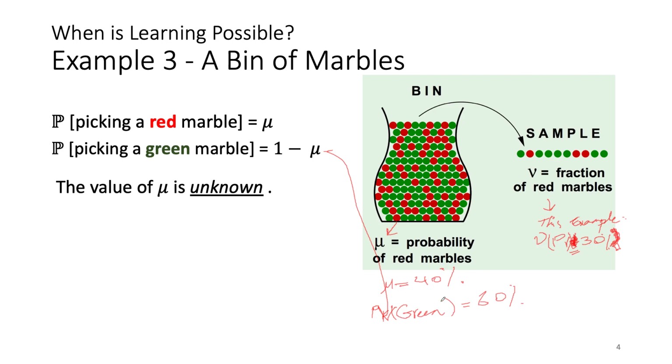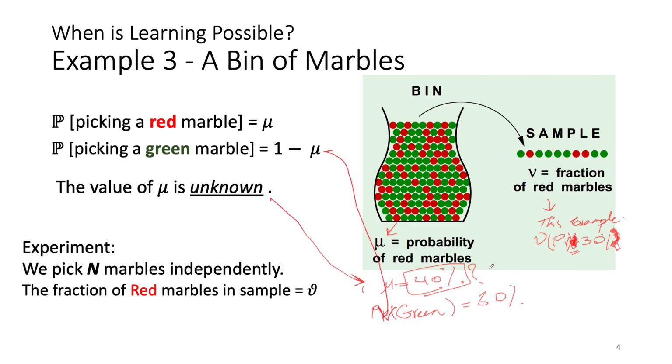So this is unknown. You don't know this. And we pick several samples. In this case, we pick 10 samples. And the fraction of results, we annotated by nu or v.